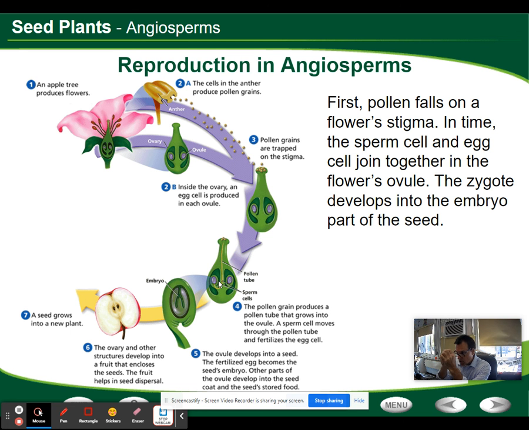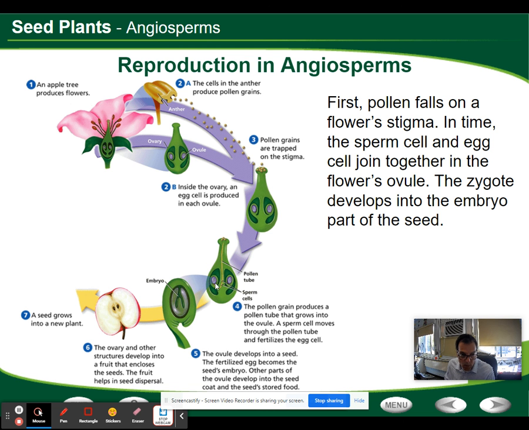That means a new organism, usually a single cell or so, that's able to multiply and divide many times over to form a new organism, because this embryo has all the genetic information of the species, whether you're a human, a plant, or anything else.